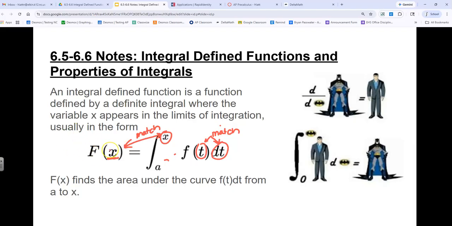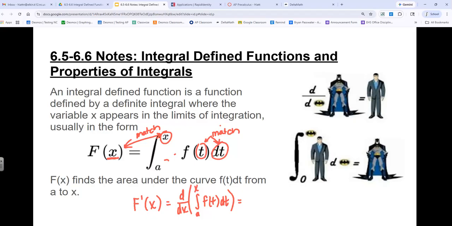So if I have an integral defined function and I want to find the derivative of that function, so if I want to find capital F prime of x, that means I'd be taking the derivative of the integral from a to x of f of t dt, and this is what we learned last night. What happens when you take the derivative of the integral?